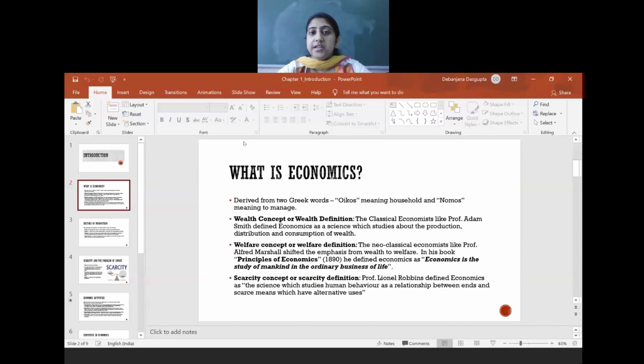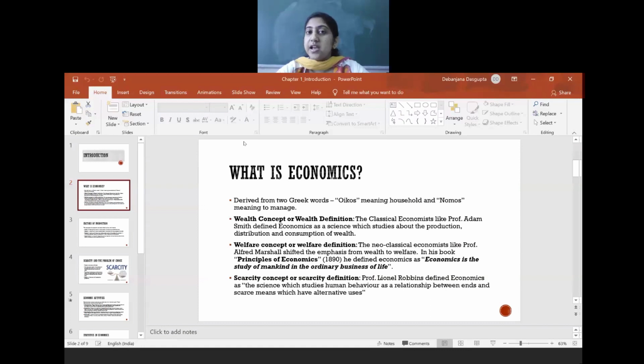Now, over the years, various economists have defined the term economics in different ways. Right? So let us see how it has been defined by the economists. In the initial years, the classical economists like Adam Smith and others related the study of economics with wealth, that is, the study of wealth.